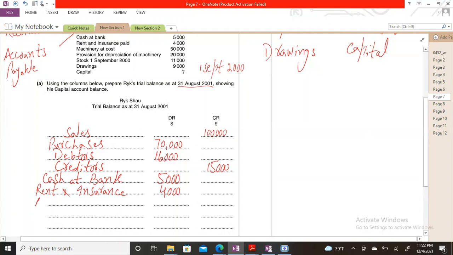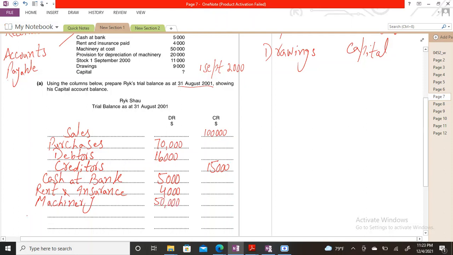Machinery at cost. Machinery is a non-current asset. Non-current asset means the life is more than 1 year to be used in the business, and generally they are not for the purpose of resale. At cost means the price at which we bought this asset the first time. So it was 50,000. So it is also on the debit side.